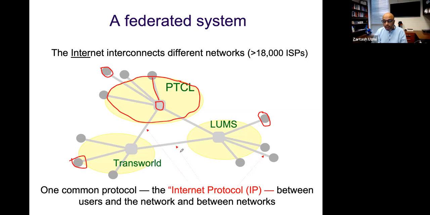Now, we also have addresses which are different from the IP addresses. We'll talk about those addresses as we progress. One simple example: if you go to http://www.cnn.com, that www.cnn.com is also an address.